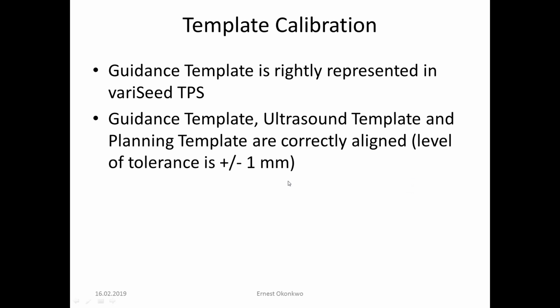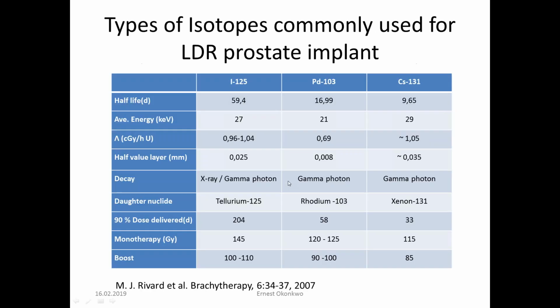Then it's also important to know your radioactive source. Here I have iodine 125 and palladium 103. These are the ones that are mostly used in our clinic. We use iodine 125. It is not the half-life of a radioactive source that makes it suitable for an implant. What makes it suitable is the energy.